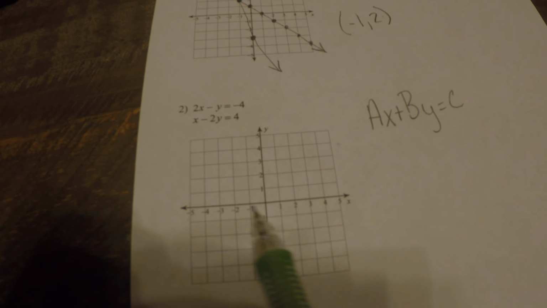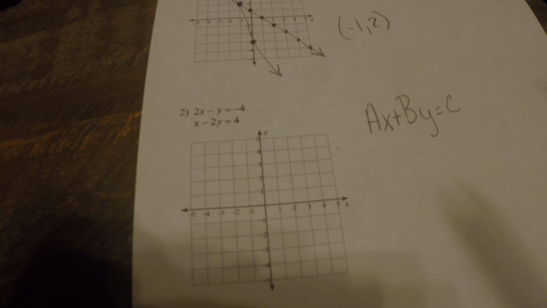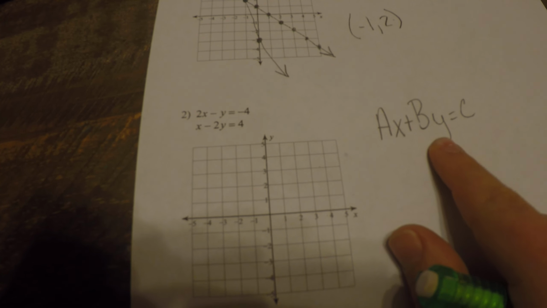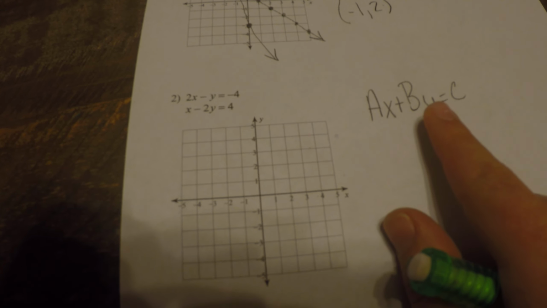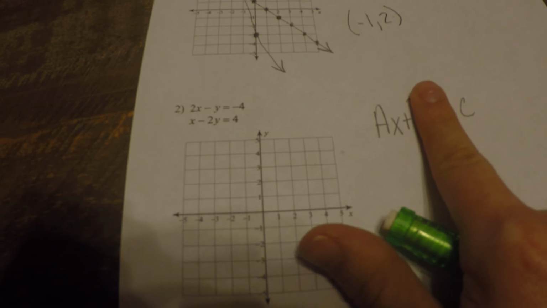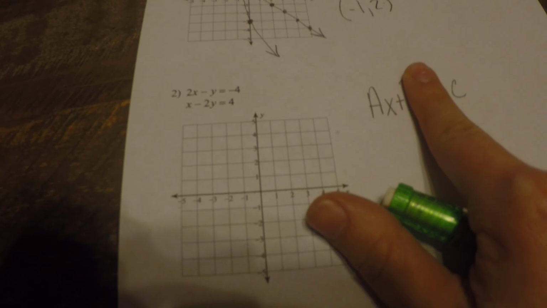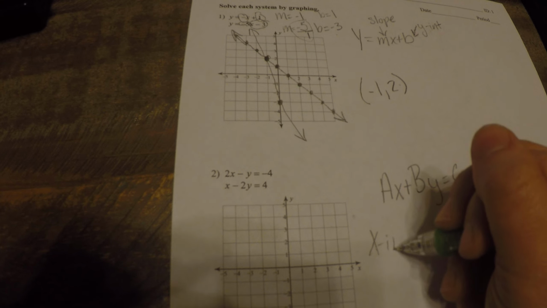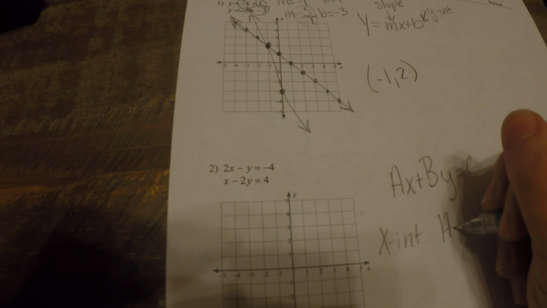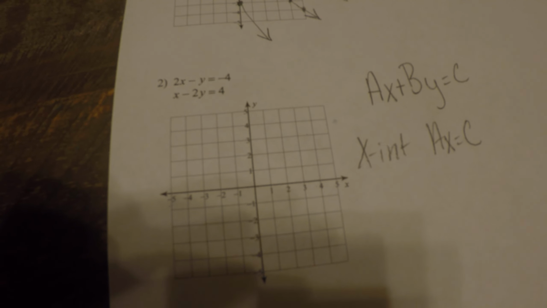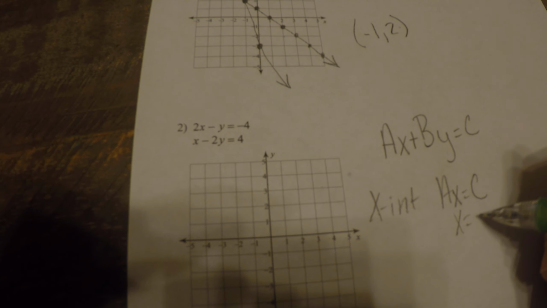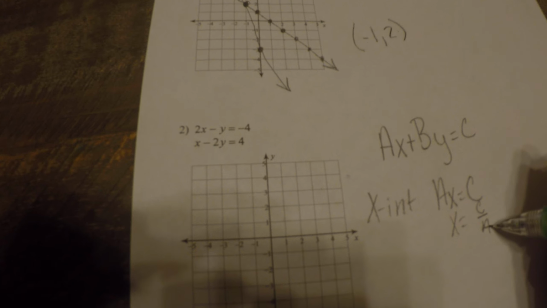No matter where you are on the x-axis, your y is 0. So we can put y as 0. Anything times 0 will cancel out. It'll just be 0. So for your x-intercept, you can look at ax equals c and solve for x, or c divided by a.